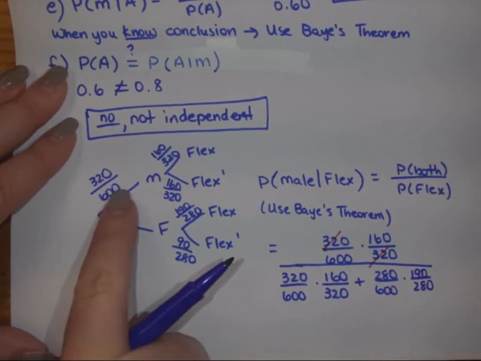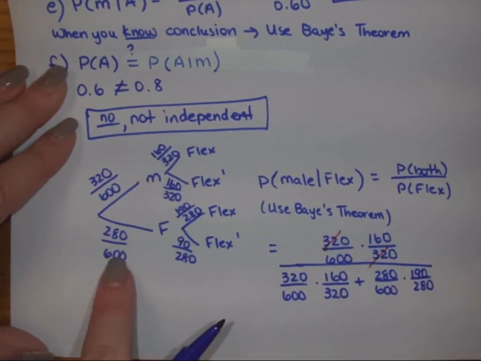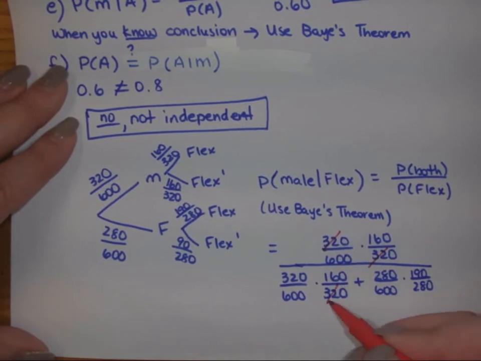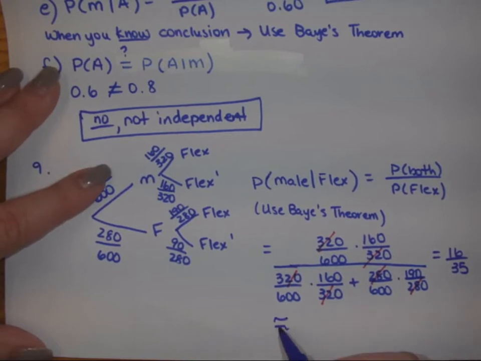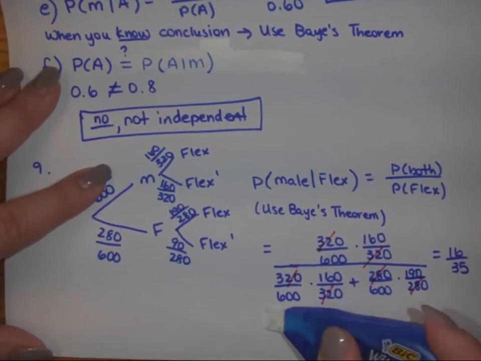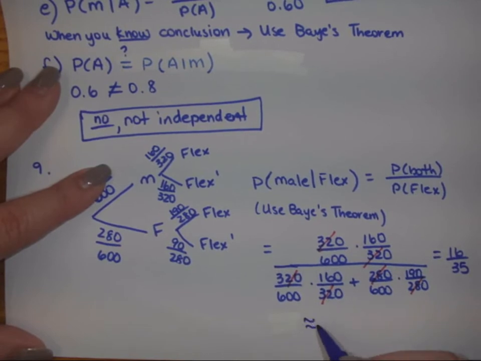So notice I did this times this plus this times this, both ending in flex time. So again, we have a lot of simplifications we can do here. You can either do them or not. It really doesn't make much difference to me. But when you reduce it using your calculator, you should get 16 out of 35, which rounds to 0.4571 or 45.71%.